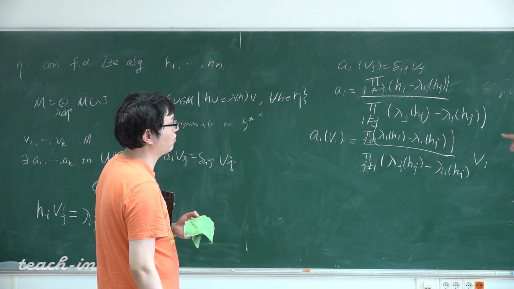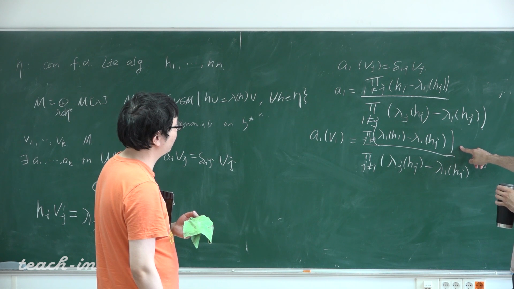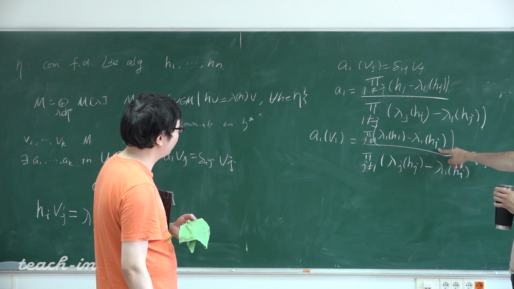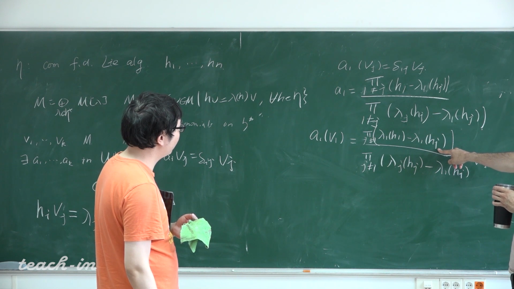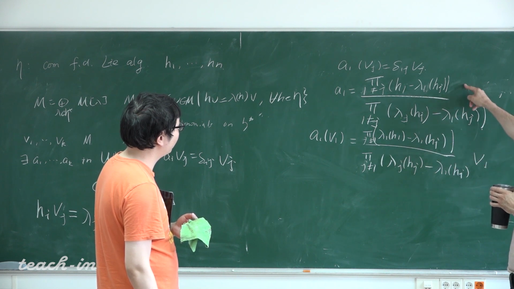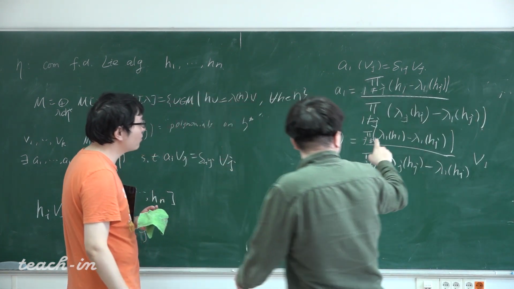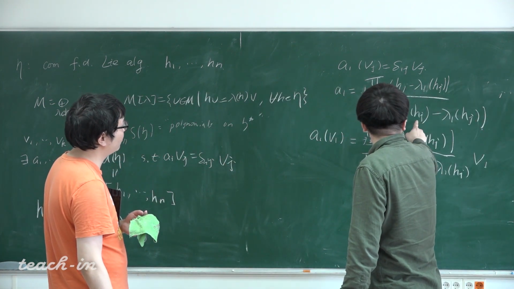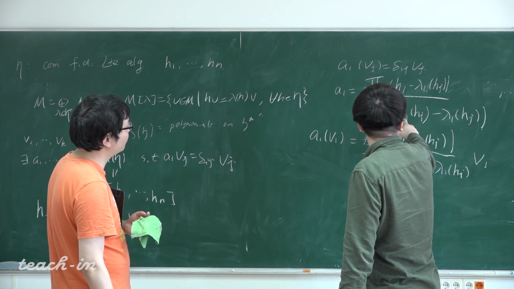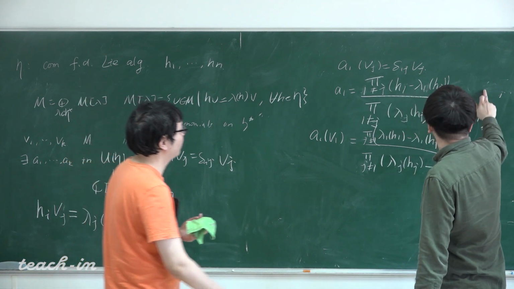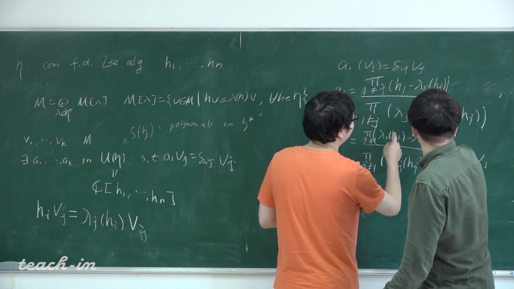So suppose that what happens here is lambda 1 h1 minus lambda 1 hj. When we apply it to v1, it will be 0. I think one of these j should be 1, because when you take v1 here, these two terms should be equal.